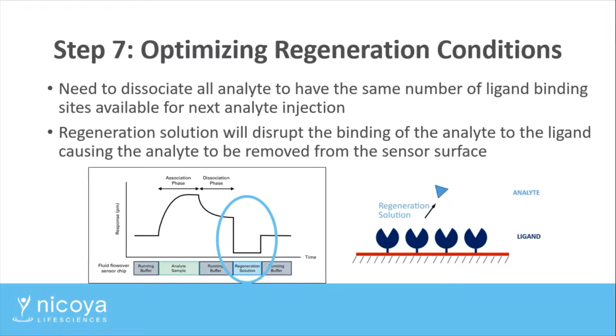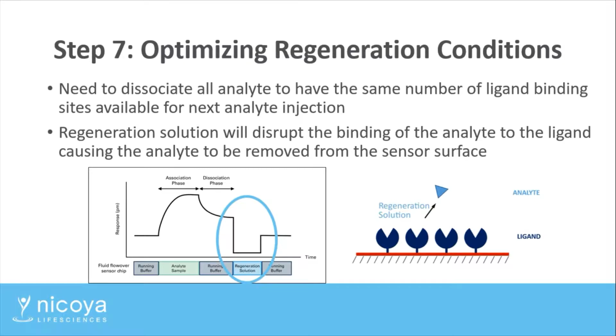Now this regeneration solution is going to be disrupting the binding of your analyte to the ligand, causing the analyte to be fully removed from the sensor surface. Now, if for instance your interaction has a very fast off rate and all of your analyte will dissociate on its own within 2 to 10 minutes, then all you'll need to do after your analyte injection is wait for the analyte to come off, and then you can proceed to the next analyte injection without the use of a regeneration solution.